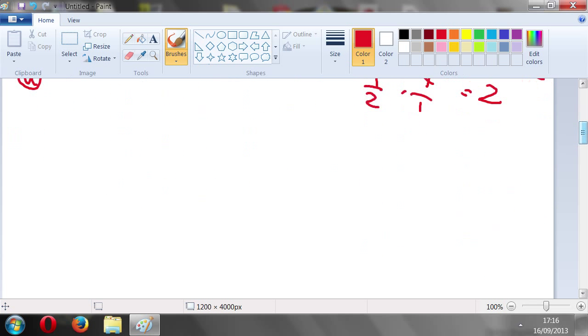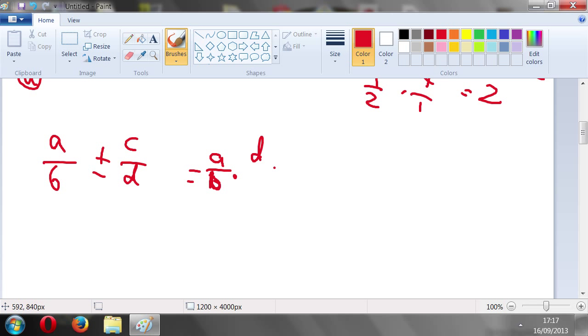Okay. The next one is A over B plus or minus C over D. Same as saying A over B times D over D, so minus C over D times B over B. So this one, you have to cross multiply.